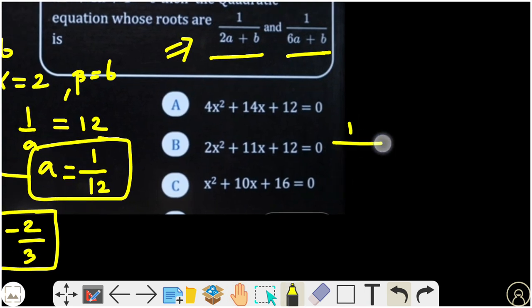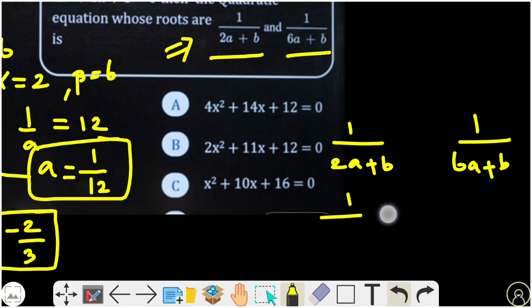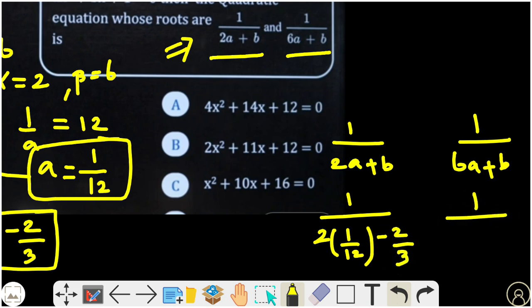So 1 divided by 2a plus b, with a replaced by 1 by 12 and b replaced by minus 2 by 3, is one root, and 1 divided by 6a plus b is another root.